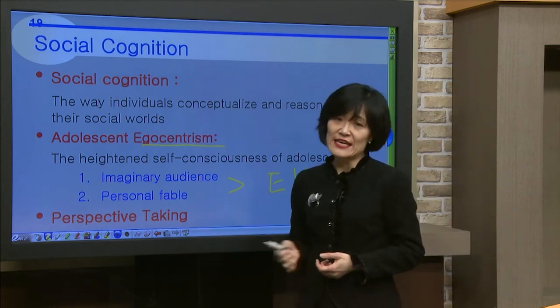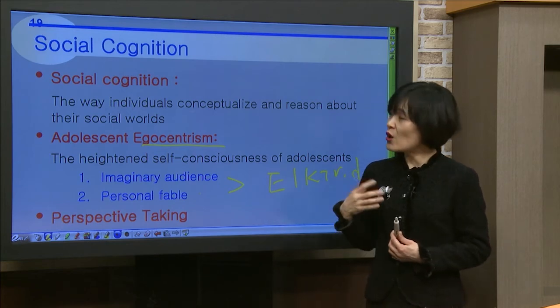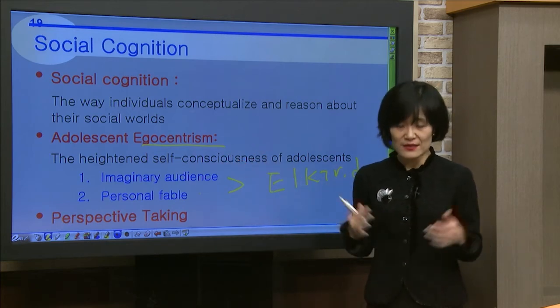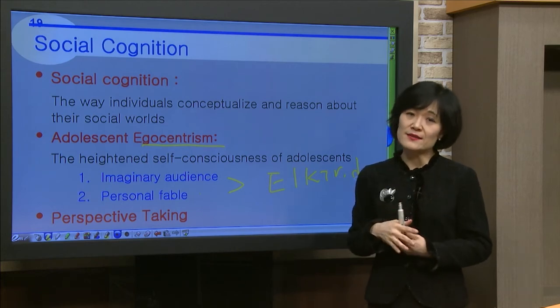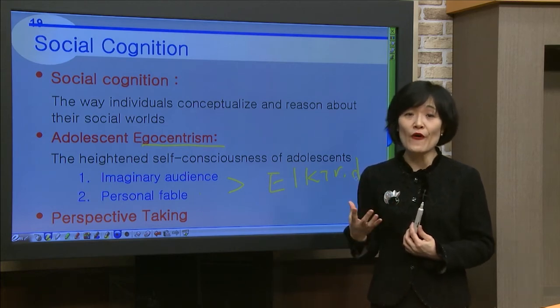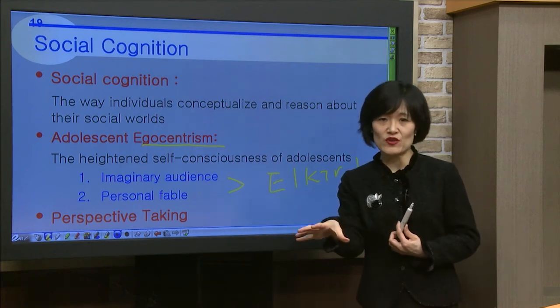Perspective taking is a very necessary skill adolescents have to learn. Although they are very self-conscious and focused on their own thinking and emotions, at the same time they need to know how other people feel in the same situation.